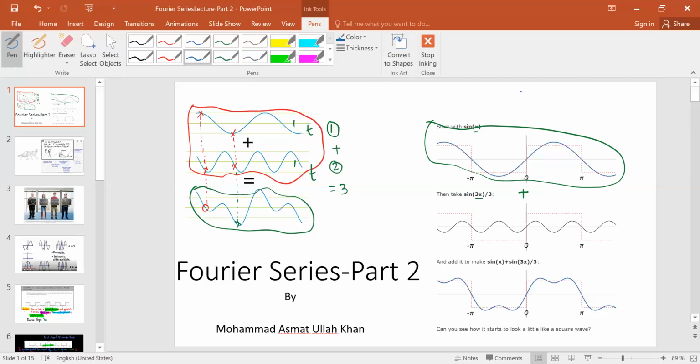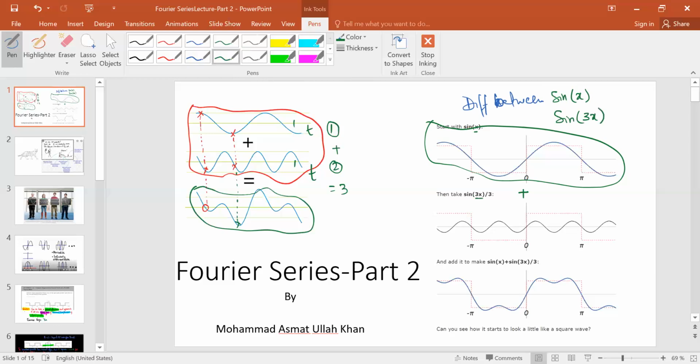Let's look into that difference: the difference between sine x and sine 3 times x.